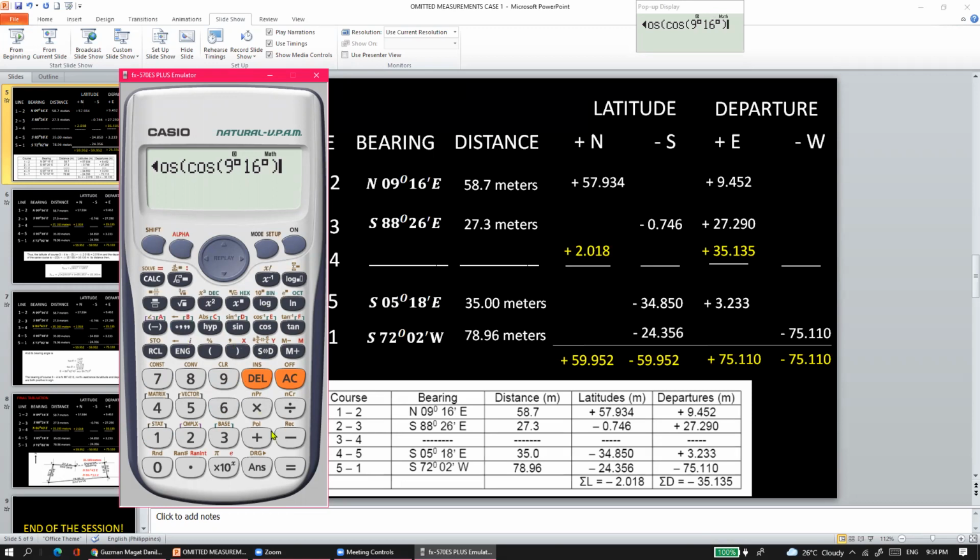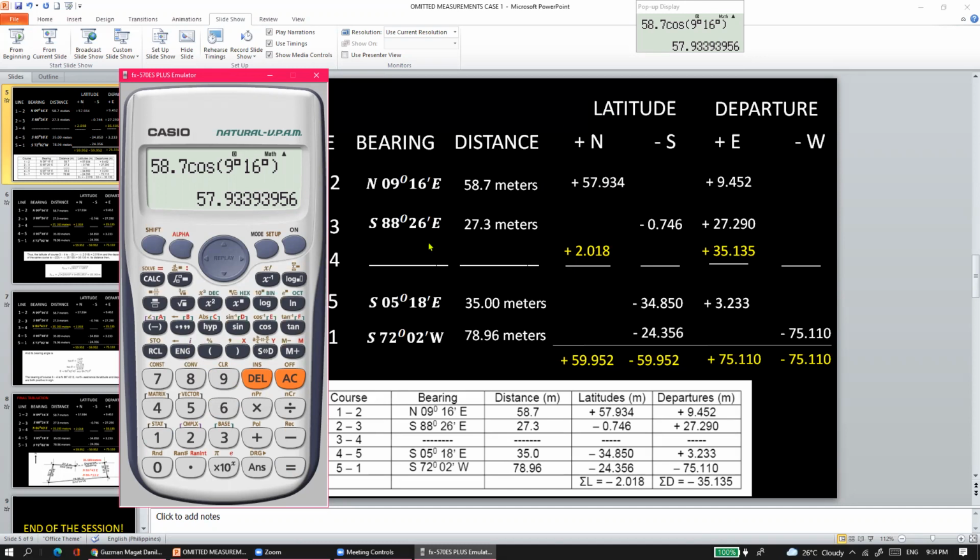Let me check my typing again: 58.7 cosine 9 degrees 16 minutes. It seems we have an extra parenthesis. And that's it. So we have 57.9339, which I wrote here under positive north of the latitude.